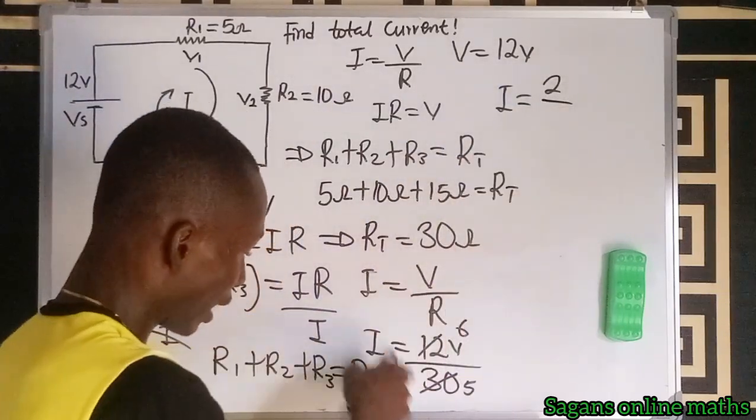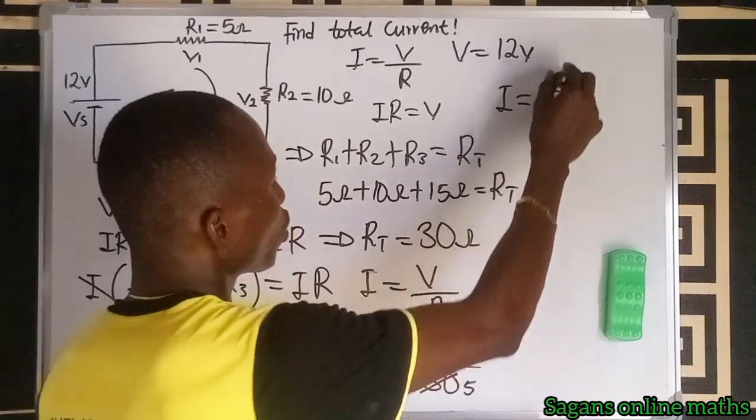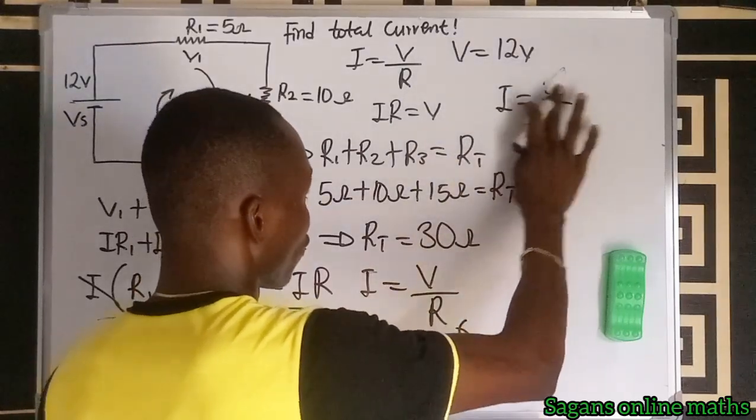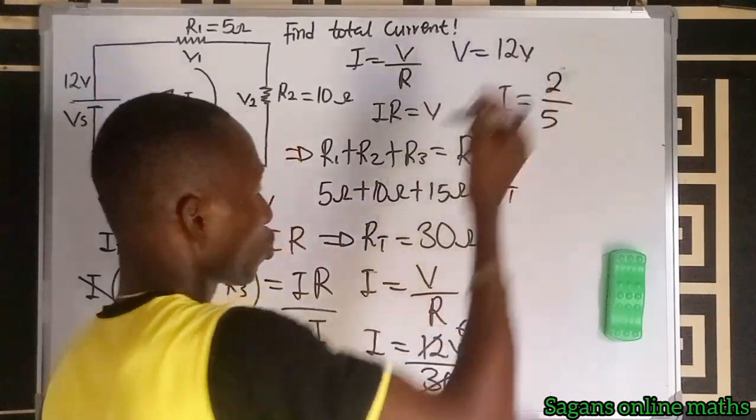Then 6 into 30 will give us 5, because 6 times 5 gives us 30. So this becomes 12 divided by 30, which reduces to 2 over 5. Let's leave it as 2 over 5 because 2 cannot go into 5.